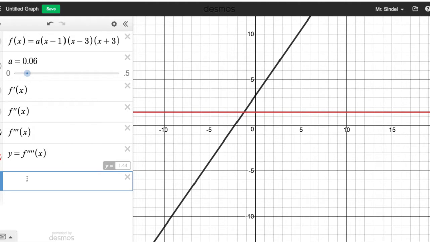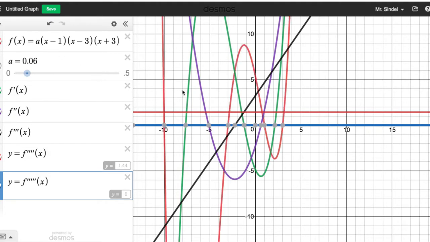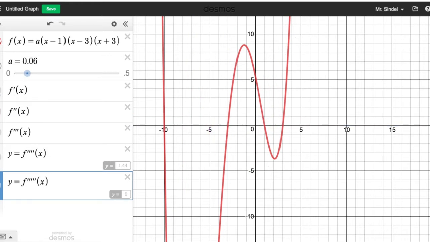And then if I do it another time, y equals f 1, 2, 3, 4, 5 times of x, it goes to the 0 axis, and it stays there forever. So this is what the transformation of these functions looks like. You have more changes, and then every time I take a derivative, you lose one. So it's like getting a string, and it's going from different directions.